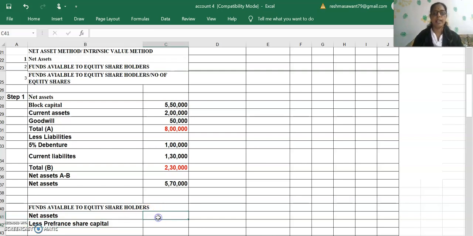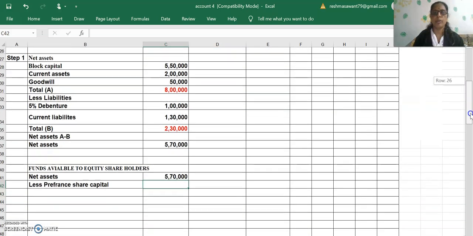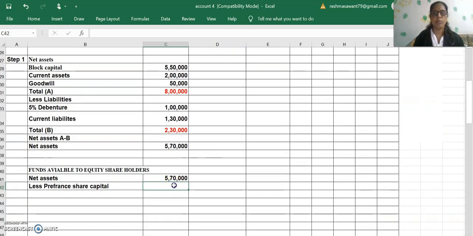So net asset calculated in the above calculation, that is calculation number 1, net asset 5,70,000. Check whether preference share capital is present in your question. Issued equity share, but there is no mention of, or no amount present for, the preference share capital. So nil amount will be reduced. So there is no amount. So you can write nil or 0.